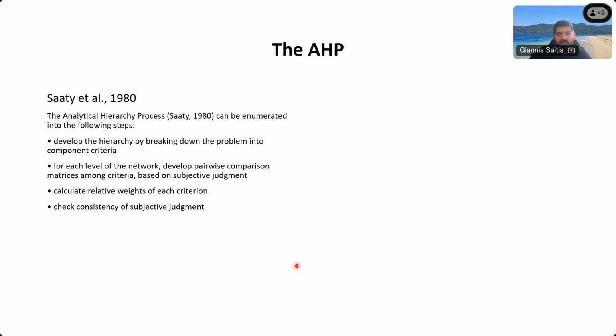So the idea started in '77, and in '80 he finalized this idea about developing the hierarchy breaking assumption process, and also validating it with algebra, and also how to put proper weights on different attributes.